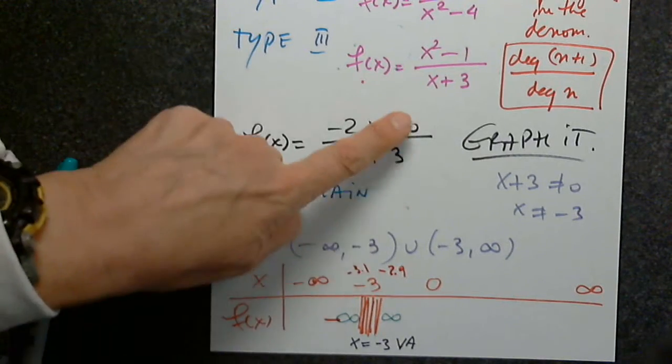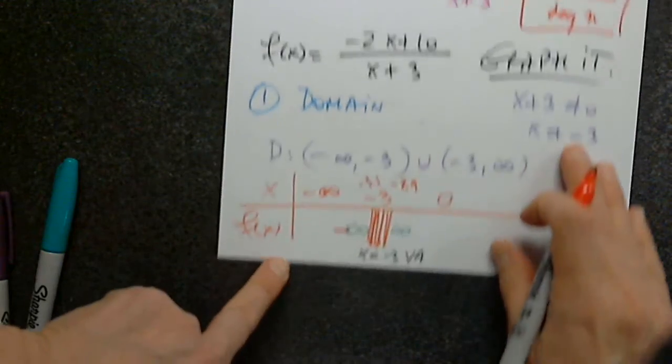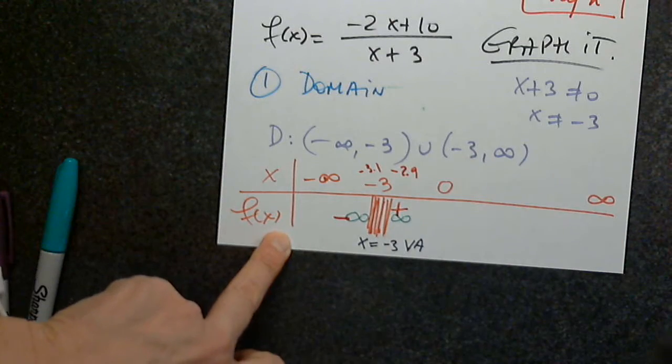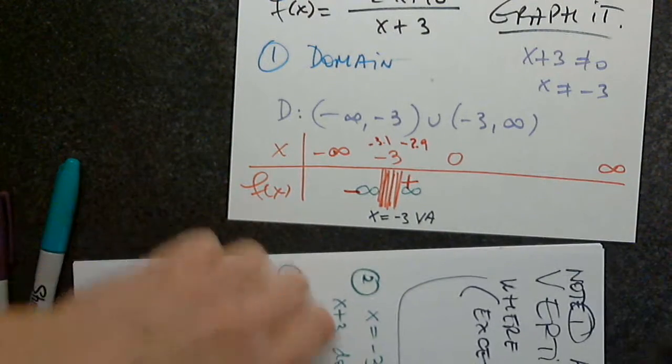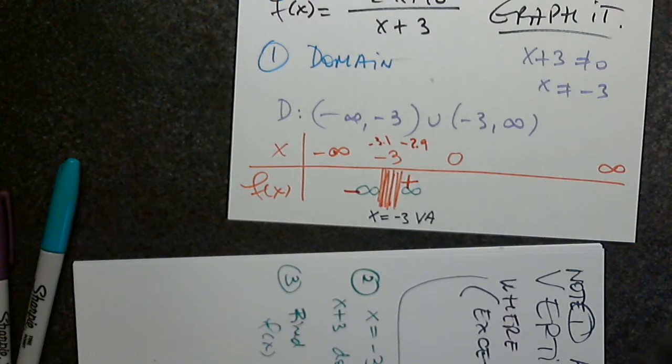Positive over positive, that's all I care about. So the function on the left-hand side of the asymptote will go to negative infinity. On the right-hand side of the asymptote will go to positive infinity. That's how we are going to graph when we get there.